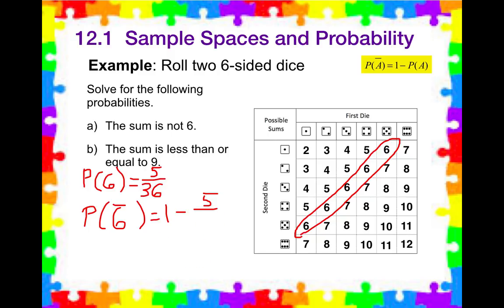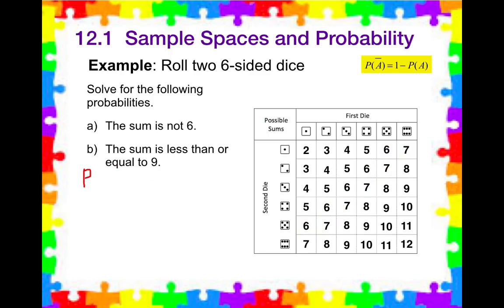Now let's look at the second one. The sum is less than or equal to 9. If we look at where that line goes, if the sum is less than or equal to 9, then everything above this line is what we want to count. But there's a lot of things to count here. What if we count just these things and say not these things?